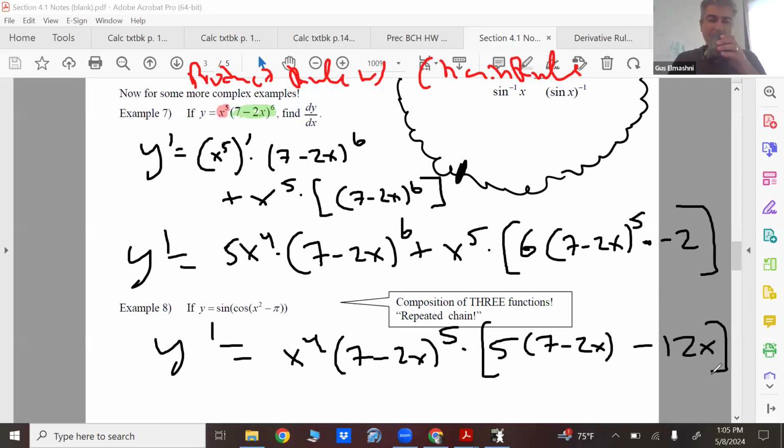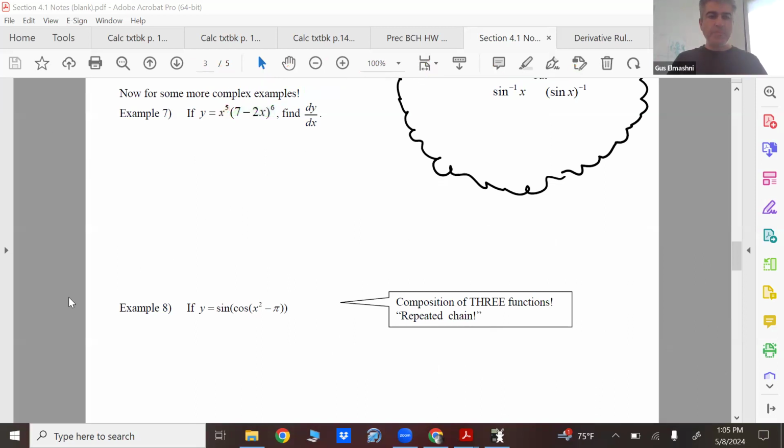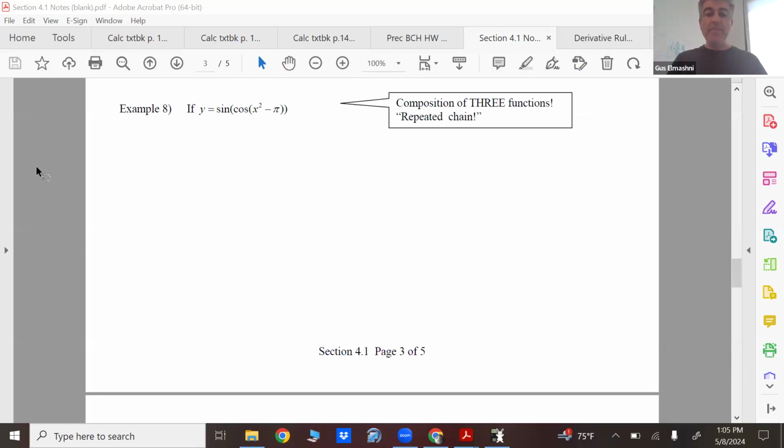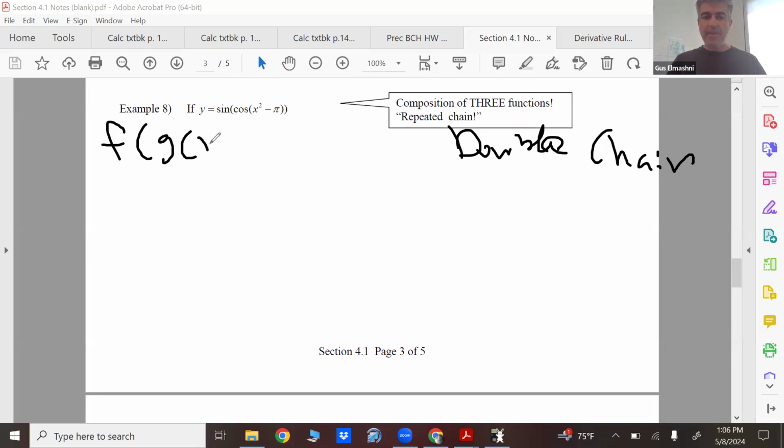Okay, let's keep moving. Okay, this is a double chain rule. You'll see why it's called double chain in a sec. So you basically have a function within a function within a function. So it's like saying f of g of h of x.